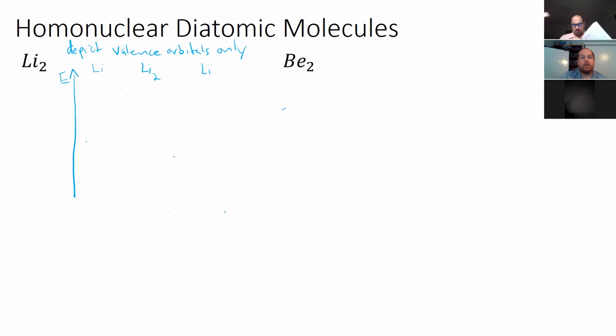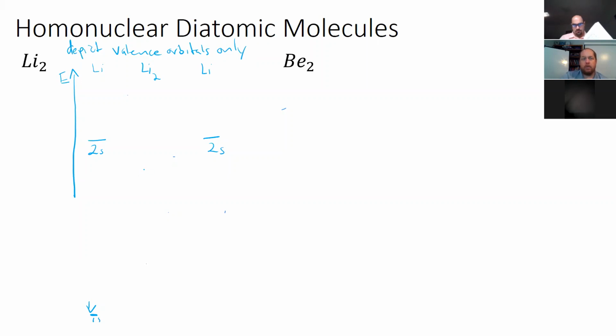If we look at the valence orbitals of the lithium atoms, those are the 2s orbitals. Okay, and if you wanted to know where those 1s orbitals are, right, they're way down lower here, right? They're even probably farther than that down there. So they're so low in energy as to be held really tightly into that nucleus and not be involved in bonding. We're not even going to depict them in our molecular orbital diagram. Just too far off the page for us to care about right now.